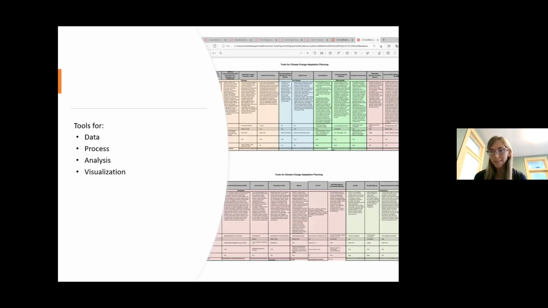Are they analyzing data? Do they provide visualizations of future conditions such as sea level rise and temperature change? All of these are relevant, but obviously have slightly different purposes when trying to understand the science that's available to us.